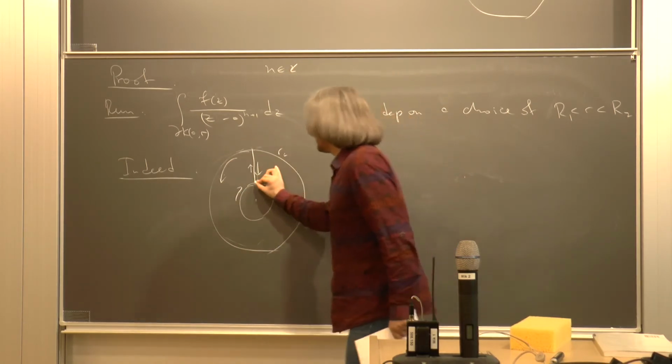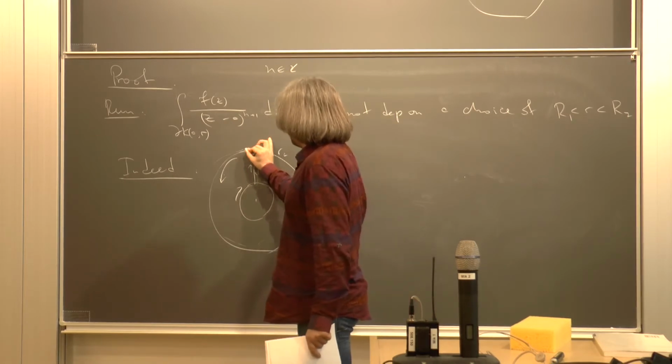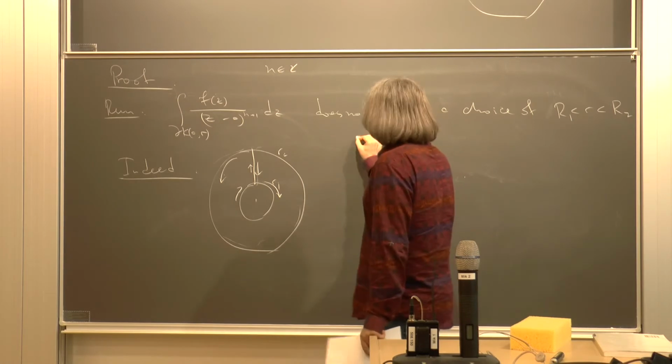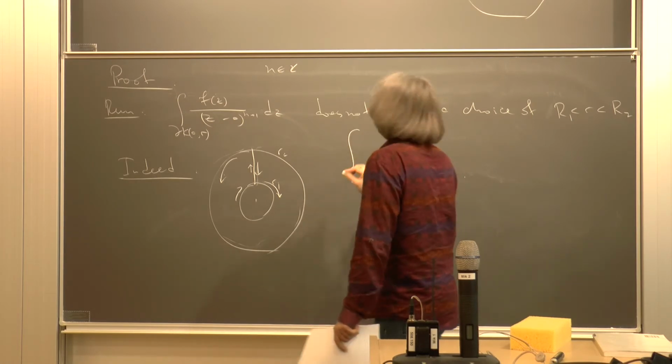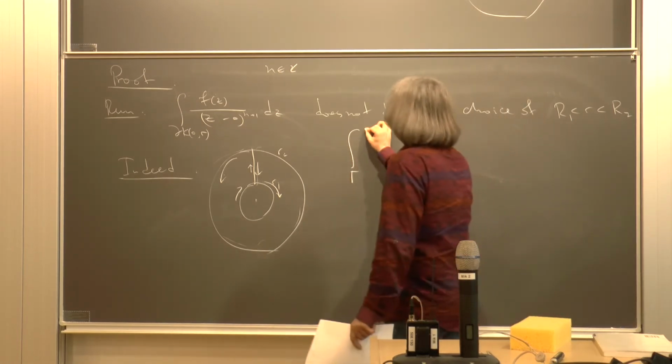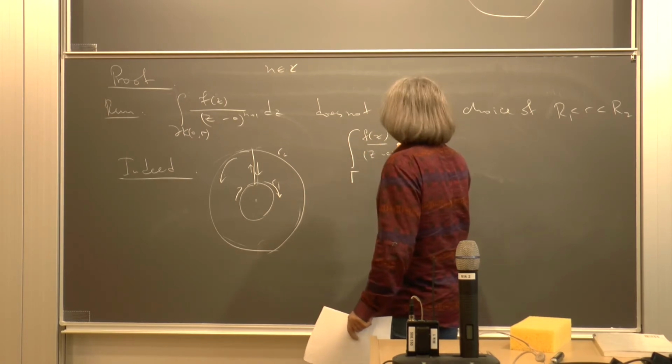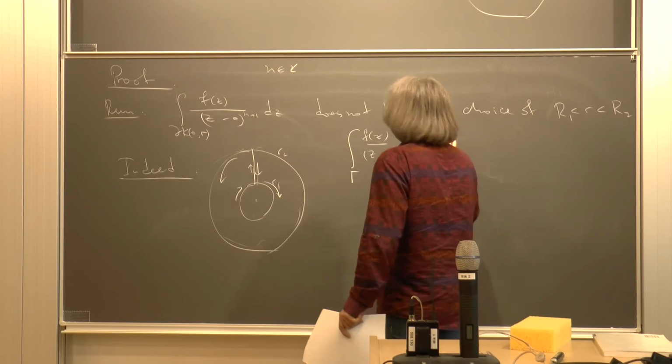I drew it, so I start from this point, I go up, I go around, I come back. So I'll call it gamma. So the integral over gamma of f of z, z minus a to the 2n plus 1, dz.